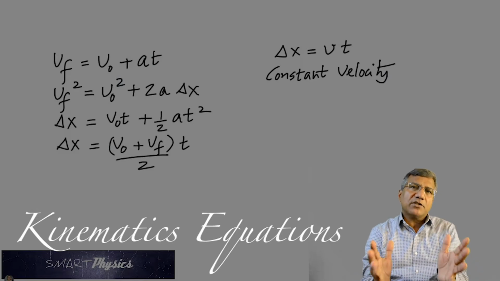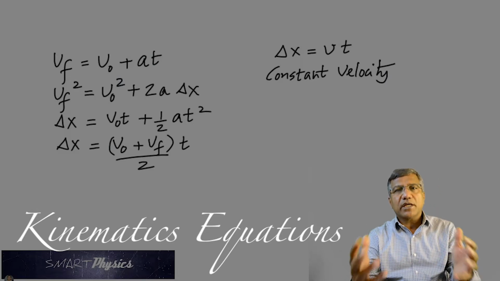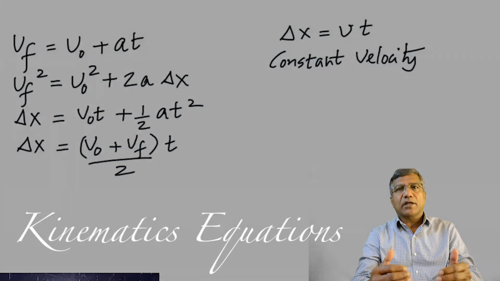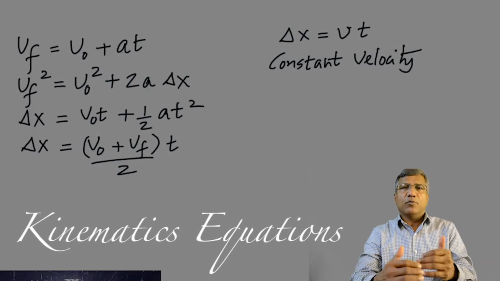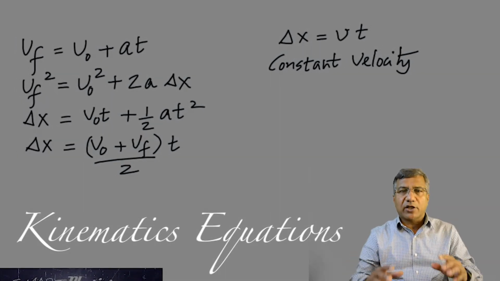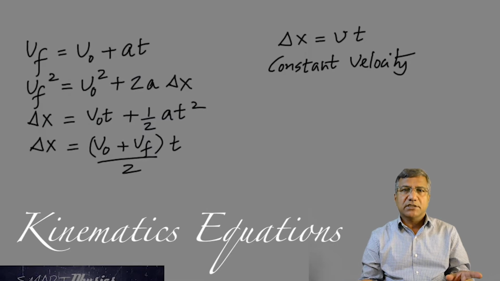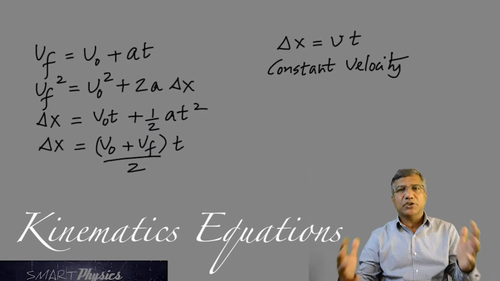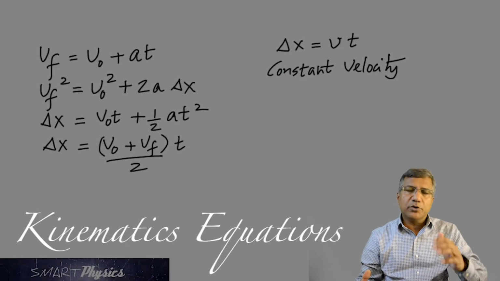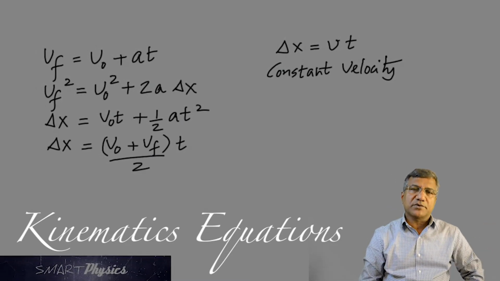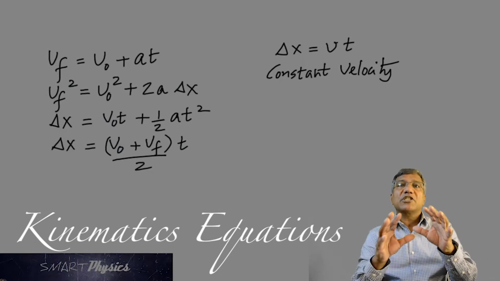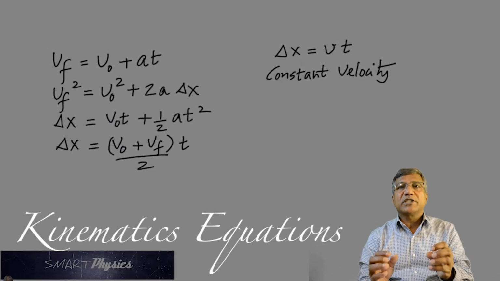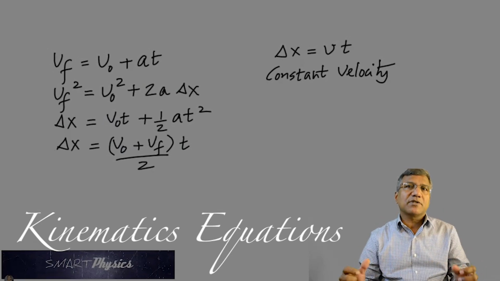Now, why am I telling you this way? Because when you read a problem, you need to figure out what is given and what you have to find out, and all of those quantities should be in the equation that you plan to use. You will see that as we work out problems. But before that, there is an important equation which is very cute, and students tend to use it all the time, but beware.